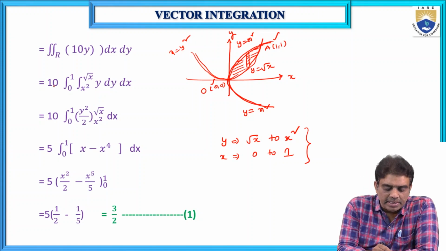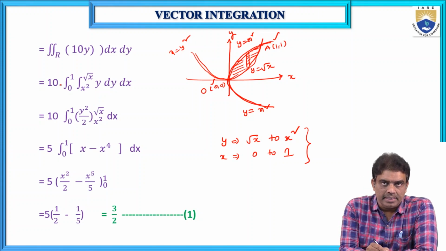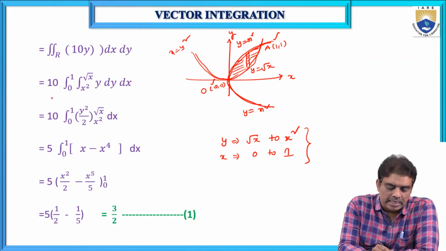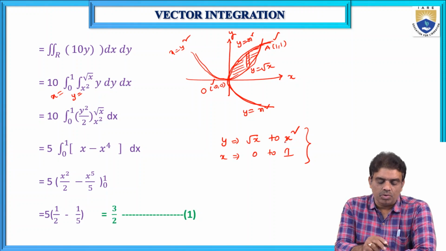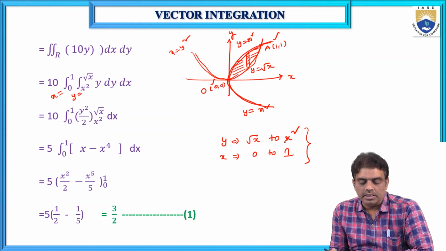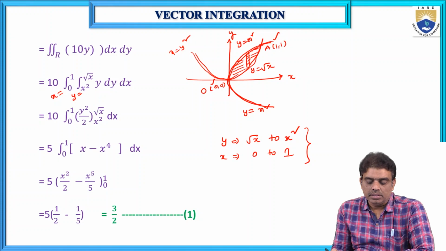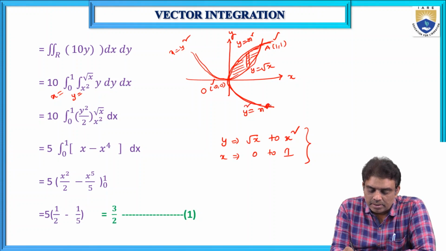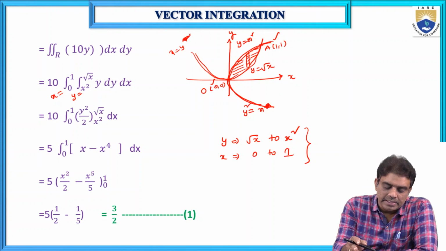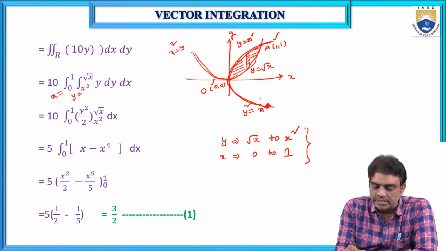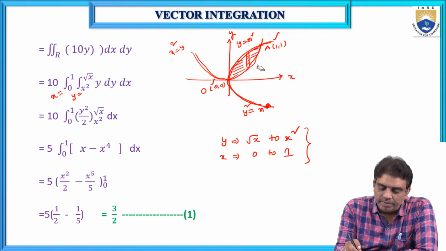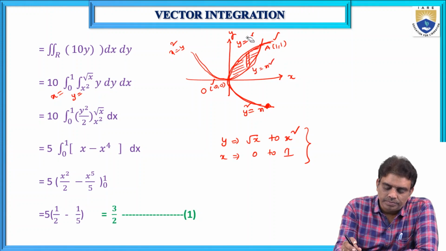So I am taking the constant 10 right outside, integral 0 to 1, this is the x limit, and y equal to x square to root x or root x to x square, that is your choice. This is y square equal to x, and this is y equal to x square, because y square equal to 4ax is the curve. So the limits will be y equal to x square to root x.